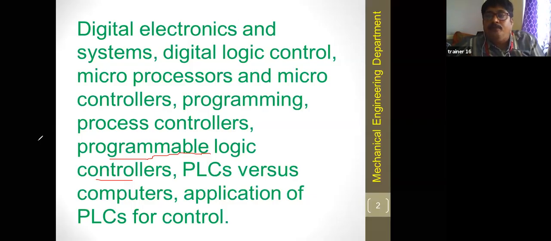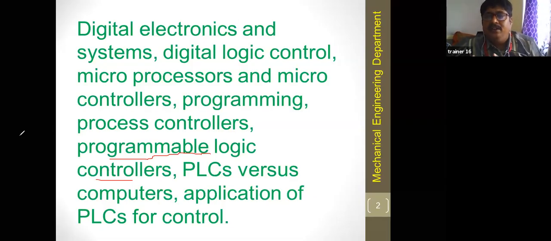Bobbins are lifted from one point to another and stored. In this lifting, hydraulic and pneumatic actuation systems are used. The piston can push even 100 kg or 200 kg of weight and lift it some distance, and then the bobbins are stored at one place.